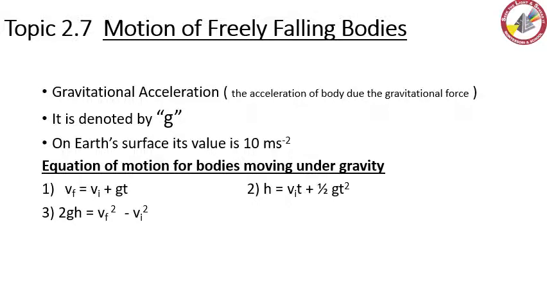In motion of a freely falling body, as we know that gravity is responsible, the movement happens because of gravity. So gravitational acceleration is involved. The acceleration due to gravity produced in a body is called gravitational acceleration, and it is denoted by small g.